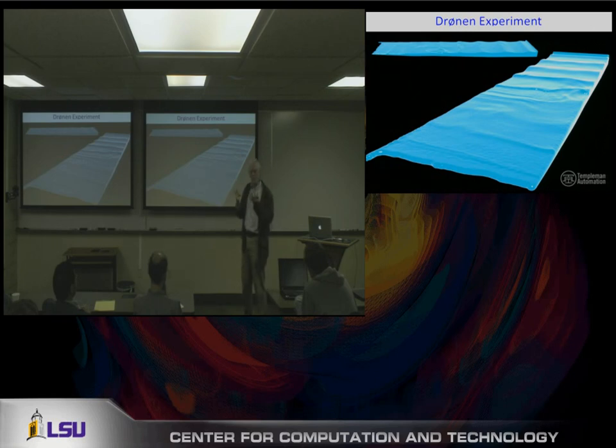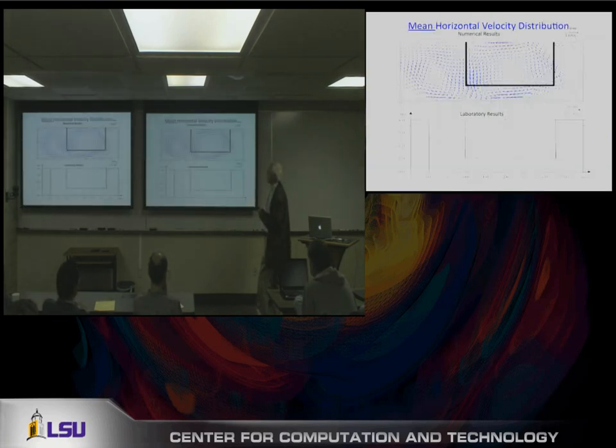There must be a couple more, but anyway, I was really ecstatic when I saw that. So it looks like what you'd expect in a real surf zone. These are the mean flows. So we calculated from our Lagrangian method, we calculated the Eulerian mean flows, and what you get is a rip channel here.